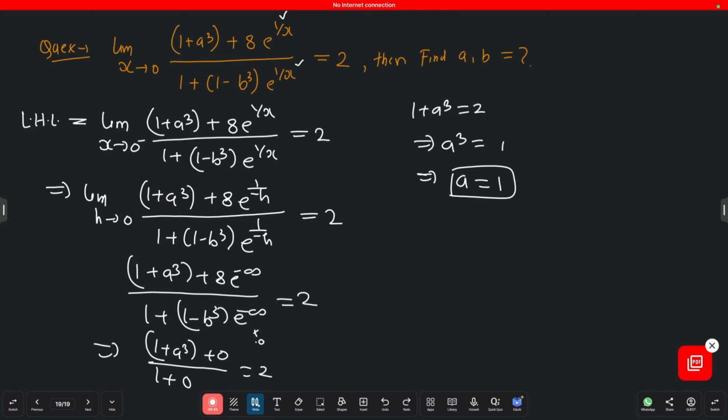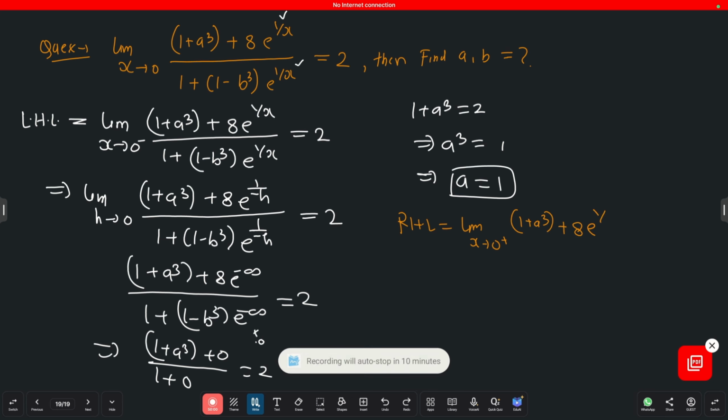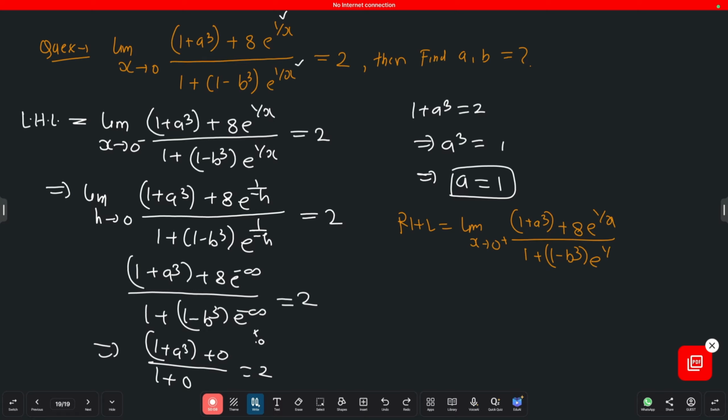Then you have to apply RHL. This you do yourself, I just leave it here. When you apply RHL, it will be limit x tending to 0 plus, 1 plus a cube plus 8 e power 1 by x upon 1 plus 1 minus b cube e power 1 by x.